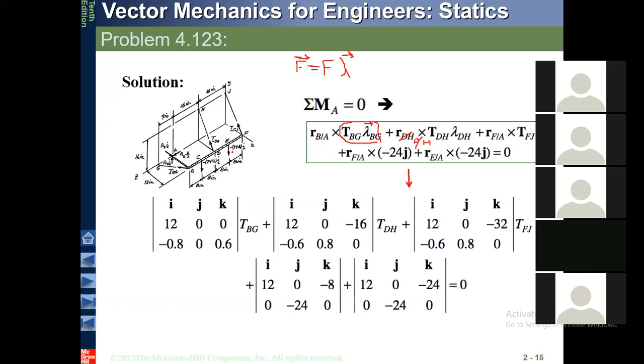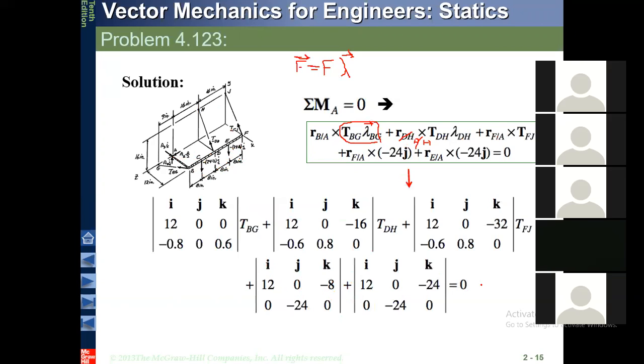And you also have two external forces, minus 24 along the negative y direction. You should also calculate the distance vector from A to C and from A to E, and then take the cross product.